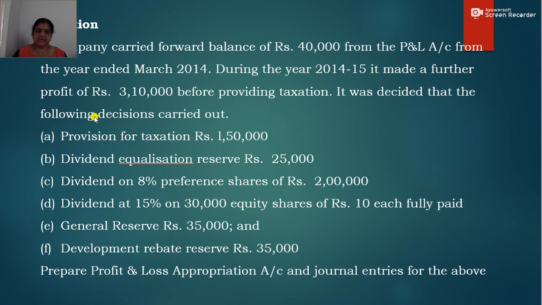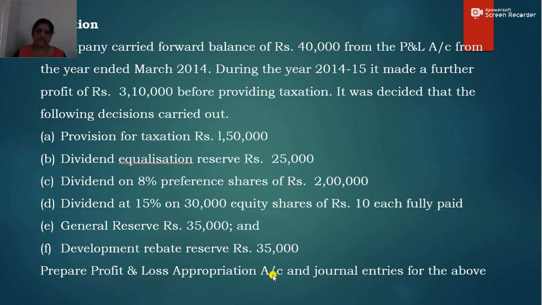The following decisions were carried out: provision for taxation rupees 1,50,000, dividend equalization reserve rupees 25,000, dividend on 8% preference shares of rupees 2 lakh, dividend at 15% on 30,000 equity shares of rupees 10 each fully paid, general reserve rupees 35,000 and development rebate reserve rupees 35,000.